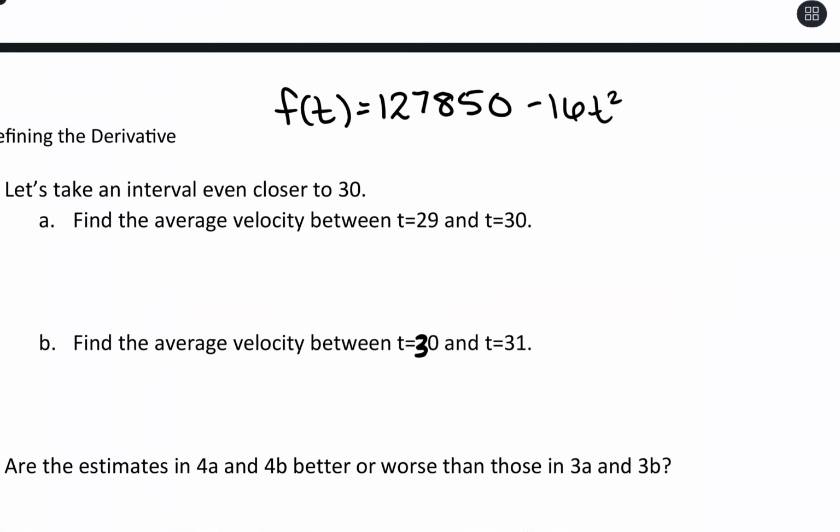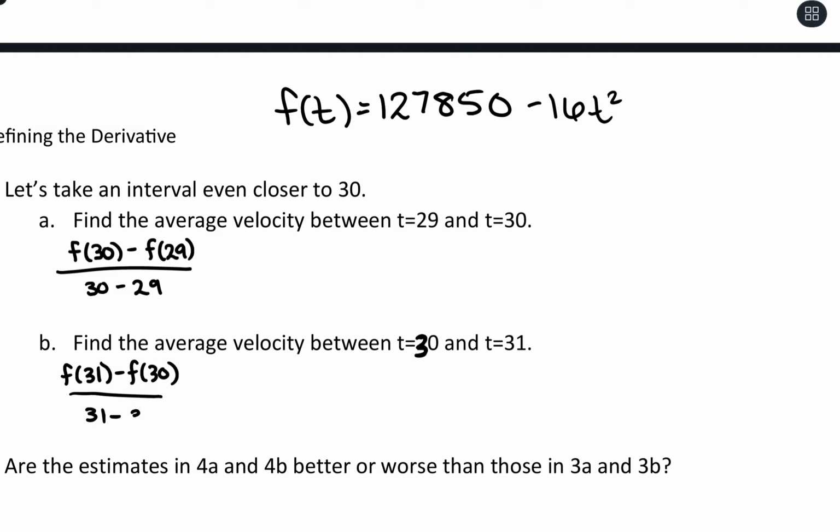So what I want to do here is look at the output at 30 minus the output at 29 over 30 minus 29. And then down here, we're going to do the same thing, but from 31 to 30. So let's see what the actual output is for f of 30.